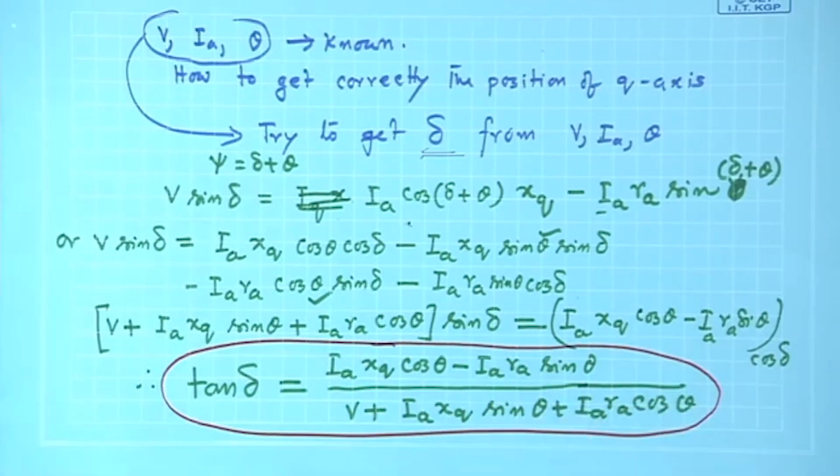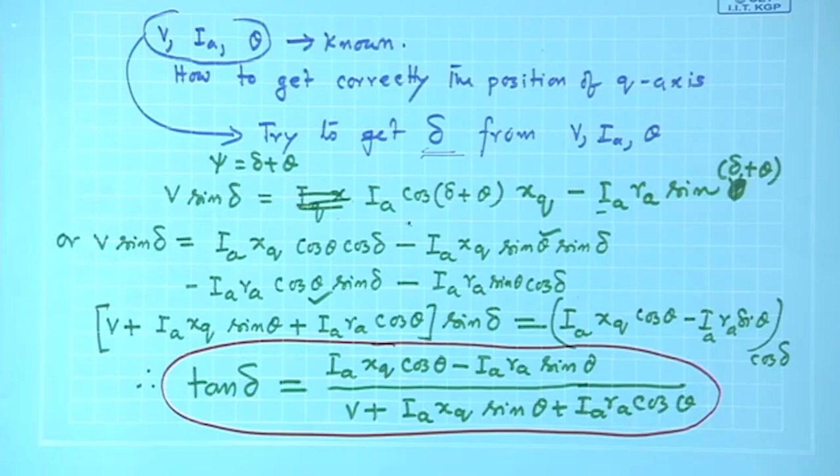This will be the expression of tan delta. On the right hand side you see Ia, there is no Id or Iq, fine, there is only terminal voltage V, and the power factor angle; knowledge of theta is necessary to compute this.